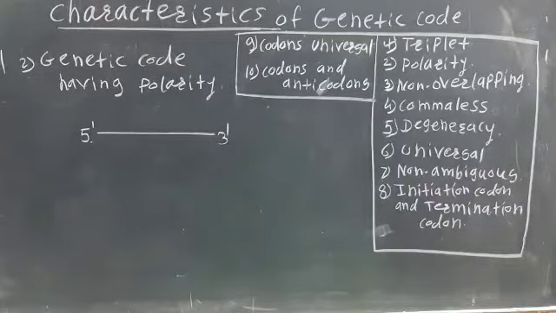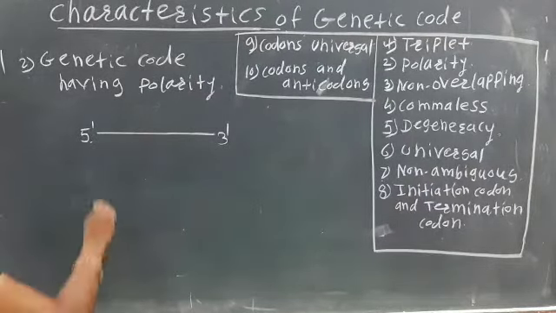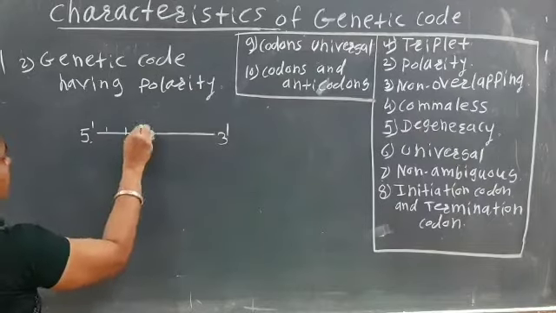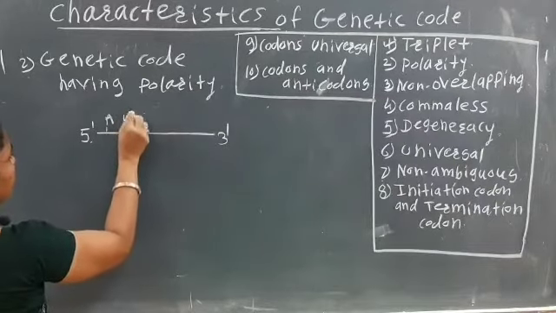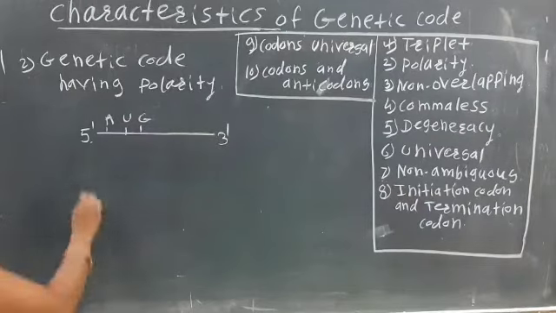Suppose a genetic code changes, for example AUG, it is the initiation codon. AUG codes for an amino acid.